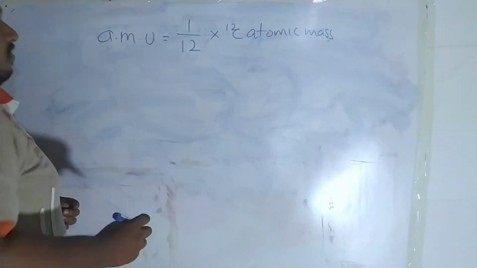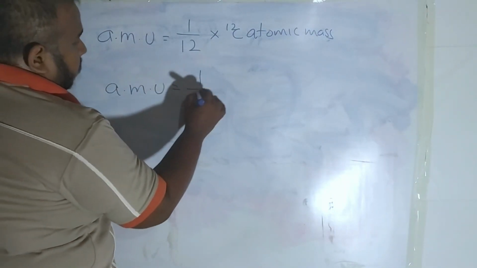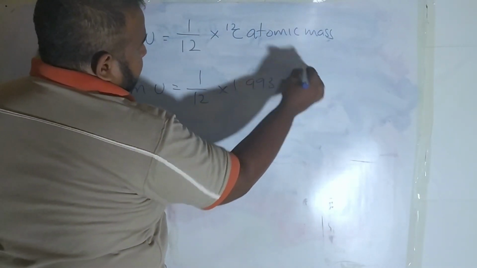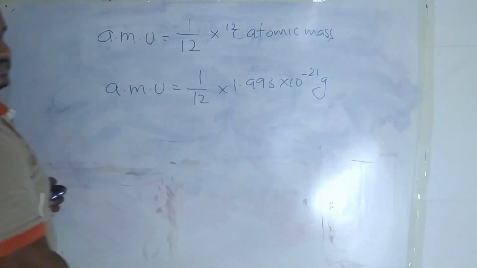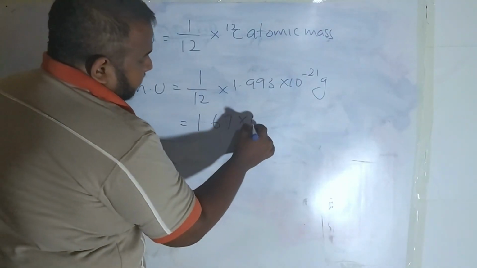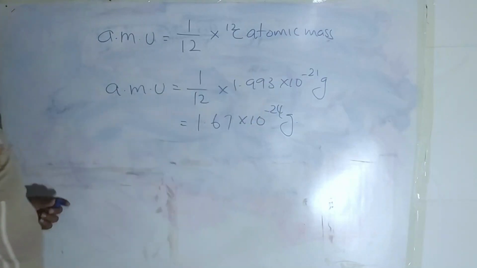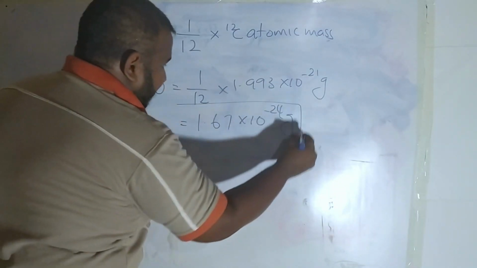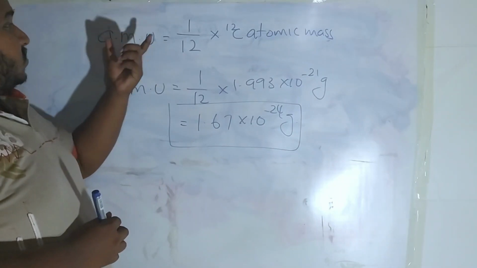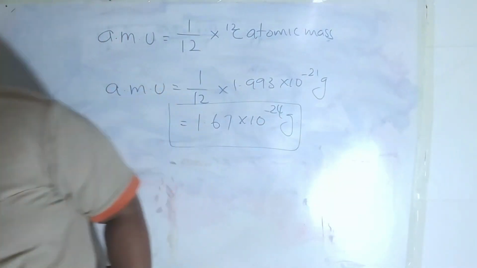So the value of atomic mass unit was 1/12 multiplied by 1.993 into 10 to the power of minus 23 gram. So this value was obtained as 1.67 into 10 to the power of minus 24 gram. So it is lesser than this. So this is the atomic mass unit value. But if they ask you what is atomic mass unit, you should say that it is 1/12 of carbon 12's atomic mass.